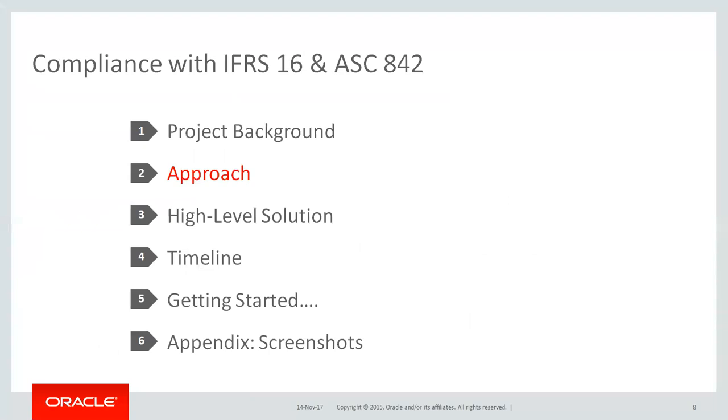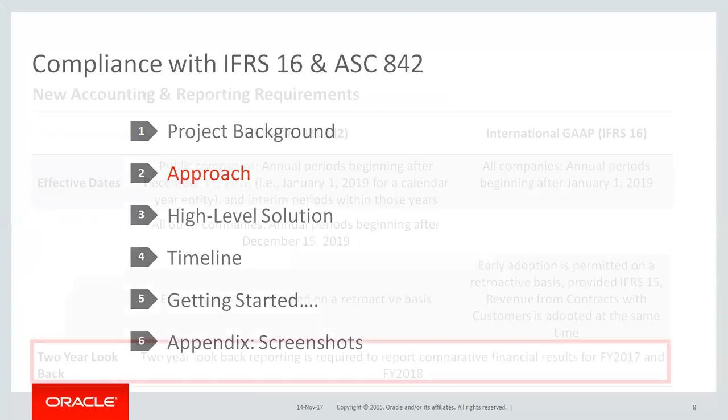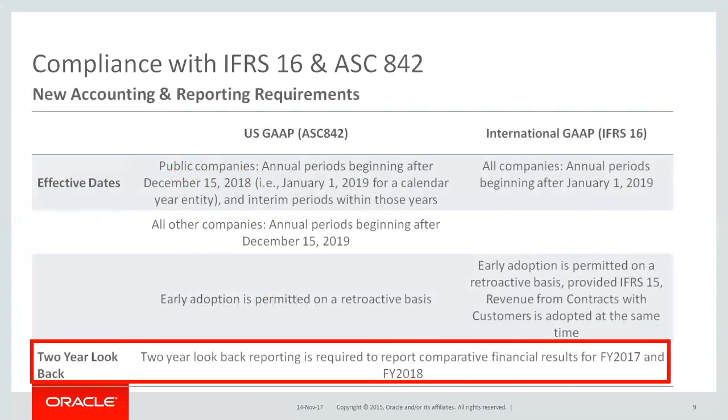With this background of the project, let's see what Oracle's approach is, at least in Property Manager. To meet these compliance requirements, this project has been broken down into two phases. We call them phase 1 and phase 2. For phase 1, we only take up the 2-year look back period requirement.